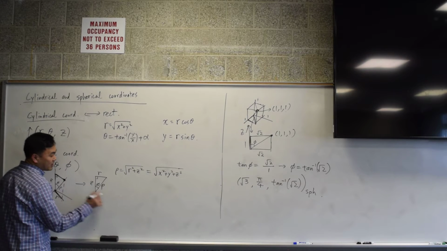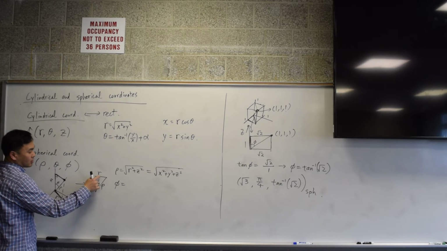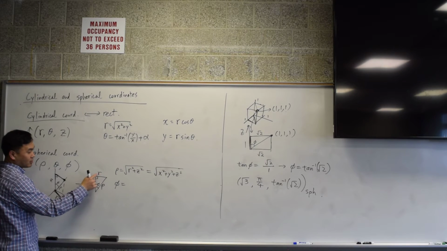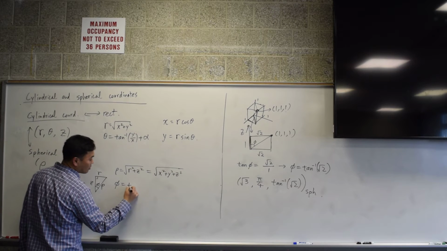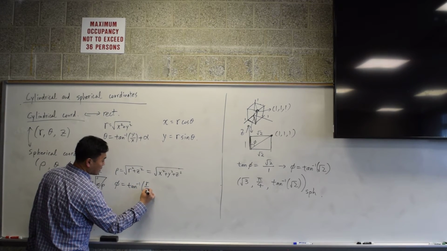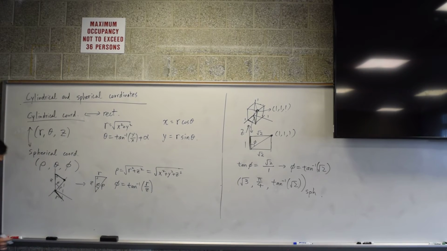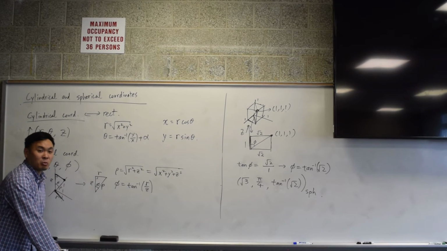Now, how would you get phi? Well, phi is tangent inverse of what? R over z. It's opposite over adjacent. So it will be tangent inverse of r over z. Now, the only problem with this formula is sometimes your angle could be more than 90 degrees.